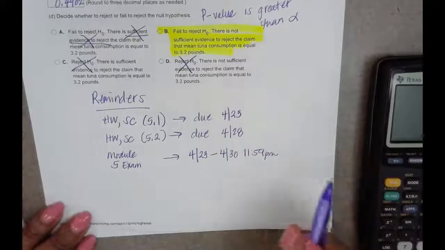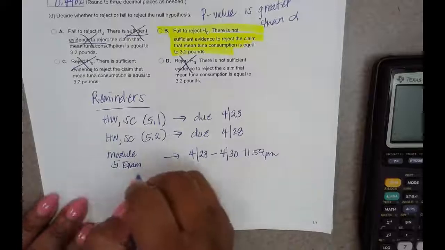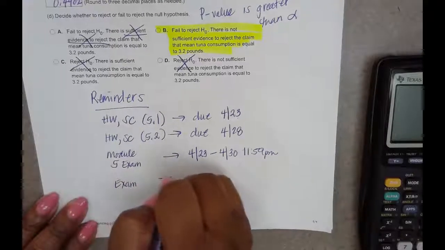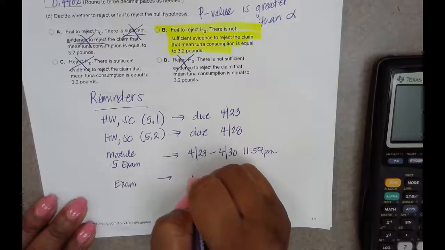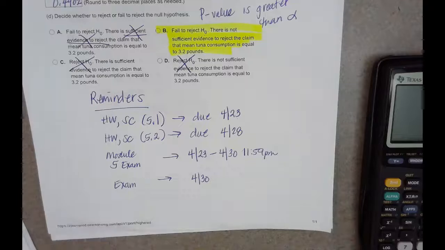Password will be the same. And then our exam is on 4/30. So make sure you got to be in one place to take it. On that day, there won't be any other days to take it, I think. Well, we'll talk about that.